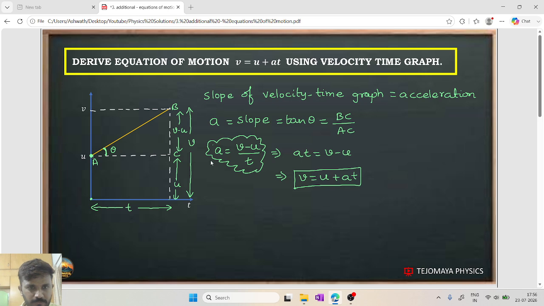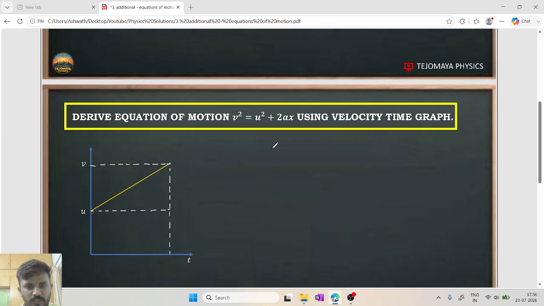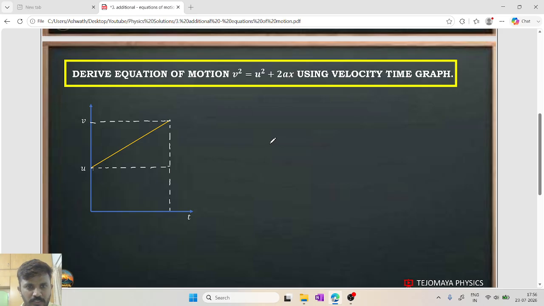So that is about this. Now let us jump to the next equation of motion, that is v² = u² + 2as. Here also I'll consider this is A, B, C, this is D, this is E, initial velocity u, where u is the initial velocity and v is the final velocity, and a is acceleration.